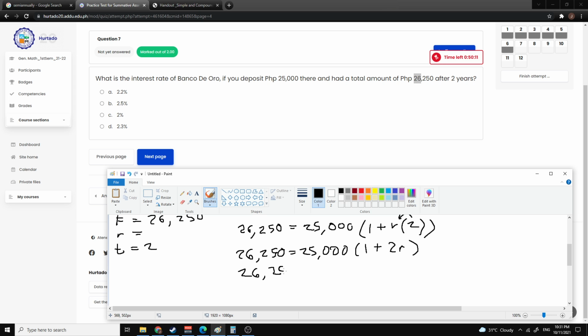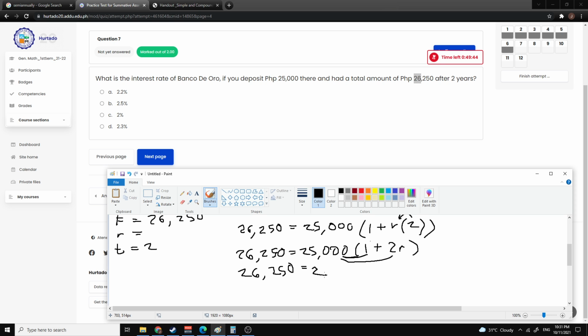We're getting very close. 26,250 equals 25,000. Just to save time and to illustrate this to you, we're going to have to do a FOIL method here.